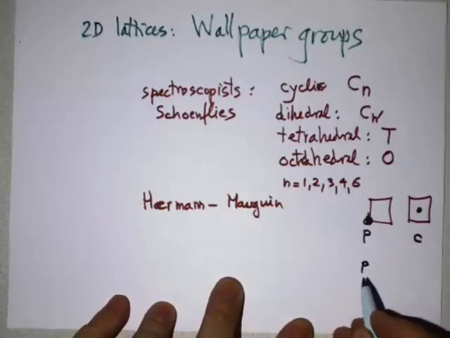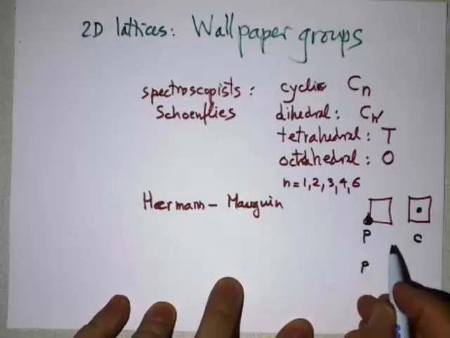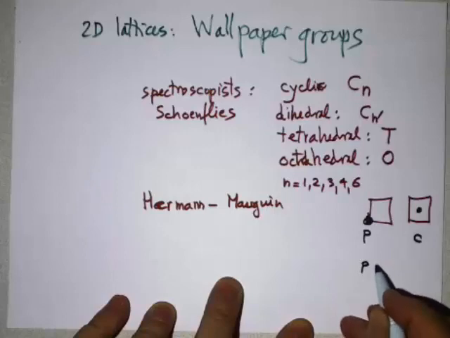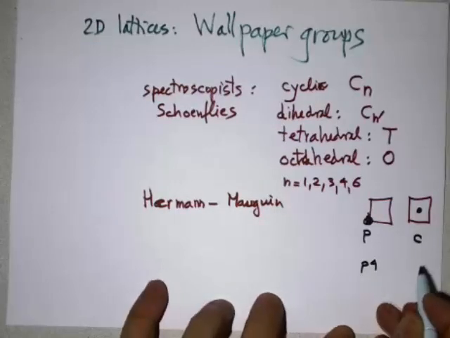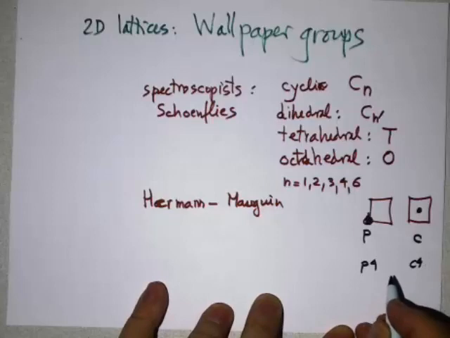Then there is another unit, which gets increasingly more boring. Does this thing have a mirror symmetry? Does it have a glide reflection? It has no symmetry. Let's say if it has mirror symmetry, you put M here.